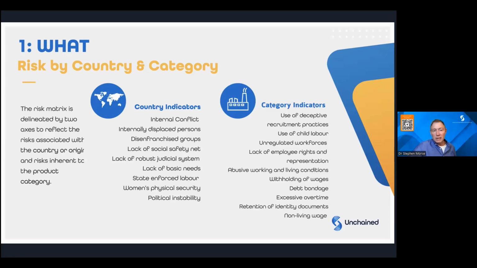areas or different indicators. So in terms of country risk, we're looking at internal conflicts, internally displaced people, disenfranchised groups, the lack of a social safety net, the judicial system, basic needs, the state of enforced labour, women's physical security, and political instability. They all play into the concept of country risk.